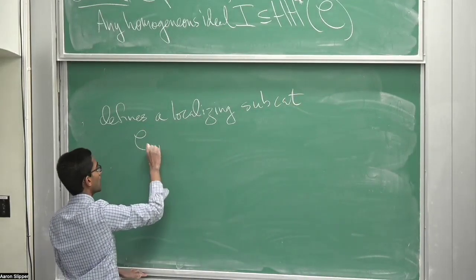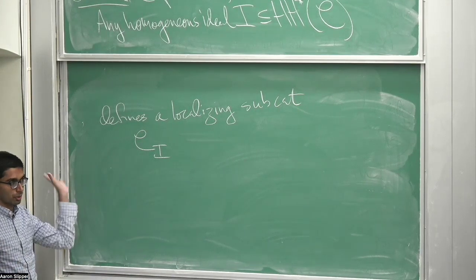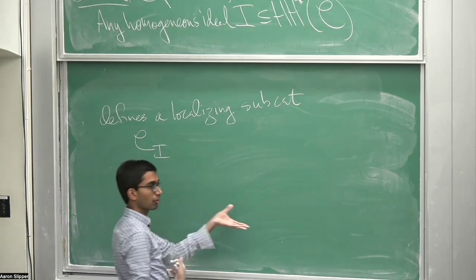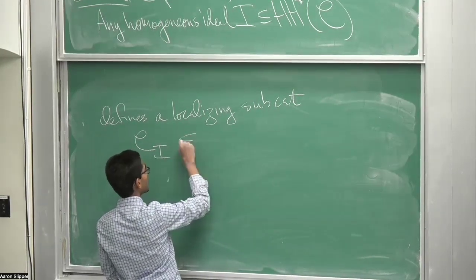Let's call it C sub I. We should think of this as objects that are supported on, the analog of quasi-smooth singular support, supported on this.